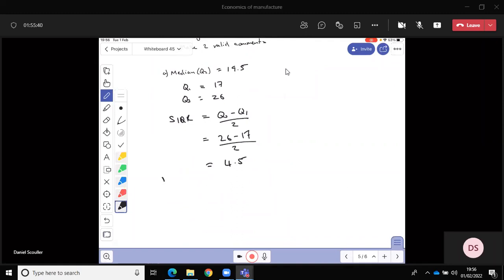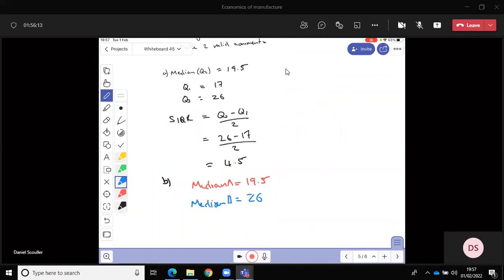Okay, second part of the question gives me a median to compare with. So median at part A was 19.5. Median for part B that we're comparing with was 26.